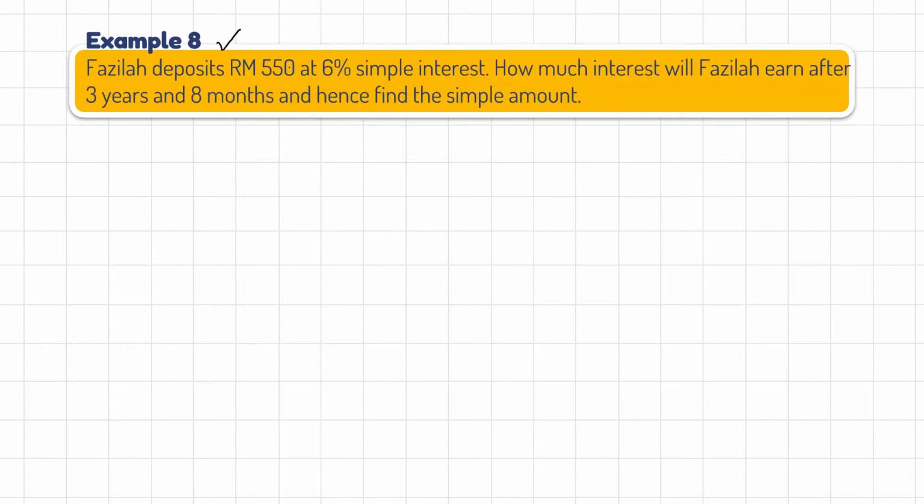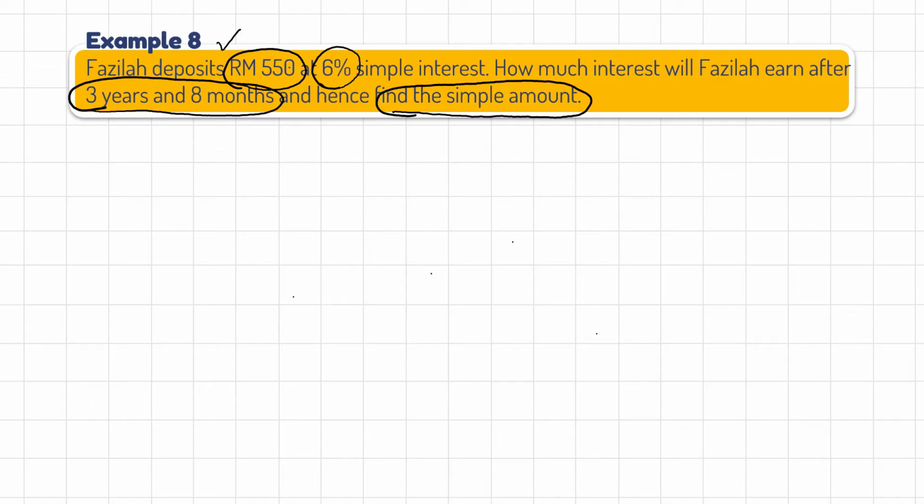Let's read the question first. Fazilah deposits 550 ringgit at 6% simple interest. How much interest will Fazilah earn after 3 years and 8 months? And hence, find the simple amount.